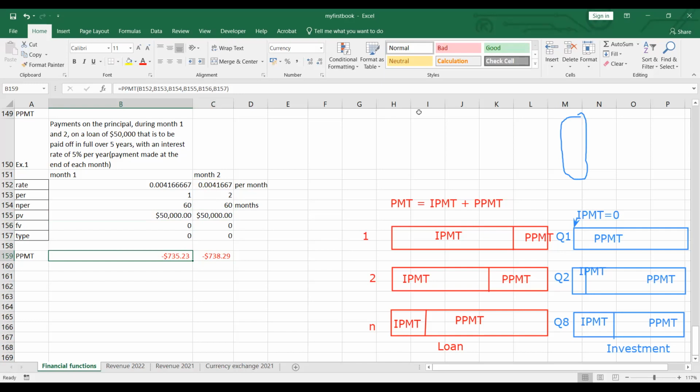So let me enter the data here. I put the sign too, so that we know that it is paying out.